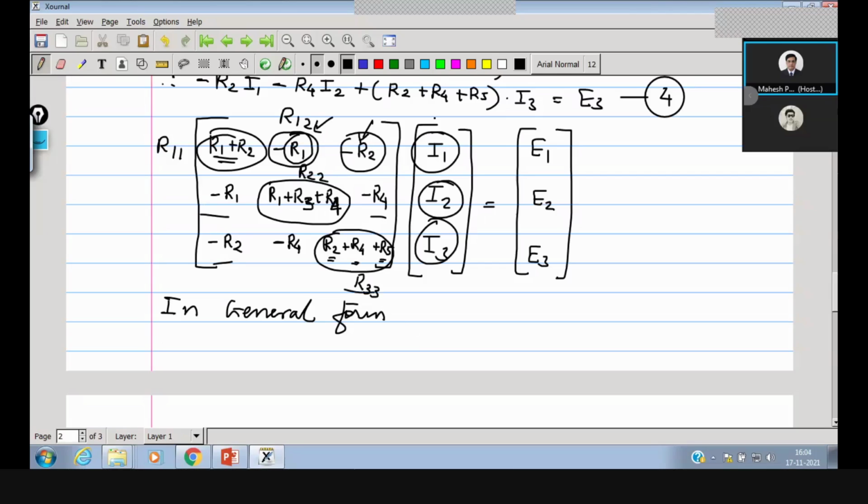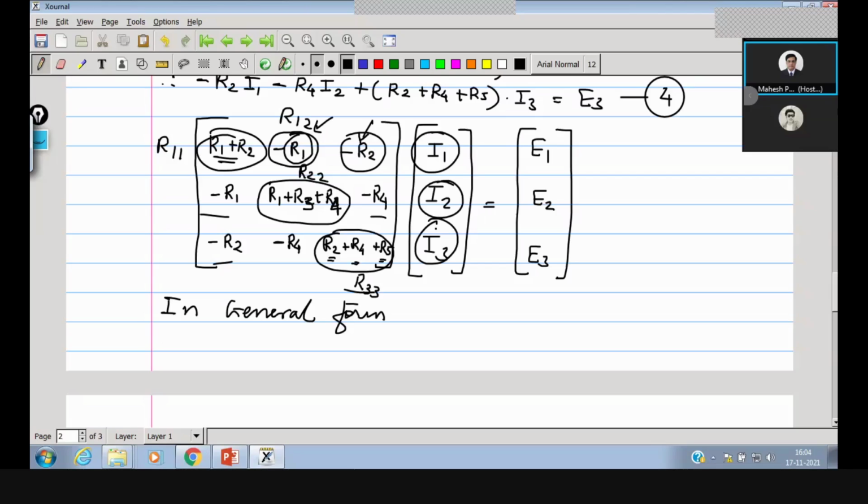Fine. Then you can solve this with the help of determinants. You need to find the determinant, and then you can find the unknowns, whatever the number of unknowns there are. If you assume there are 3 meshes, the matrix will be 3 by 3.